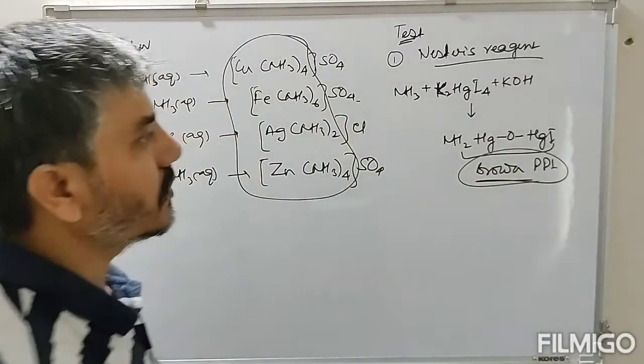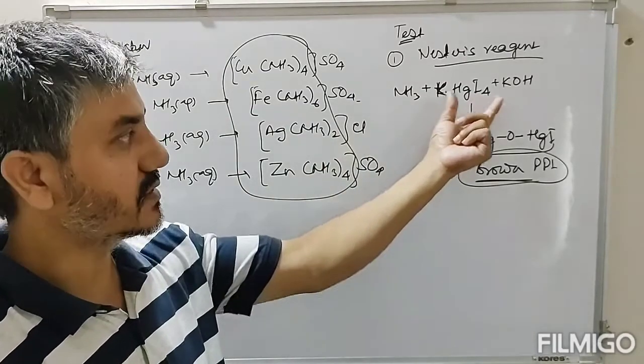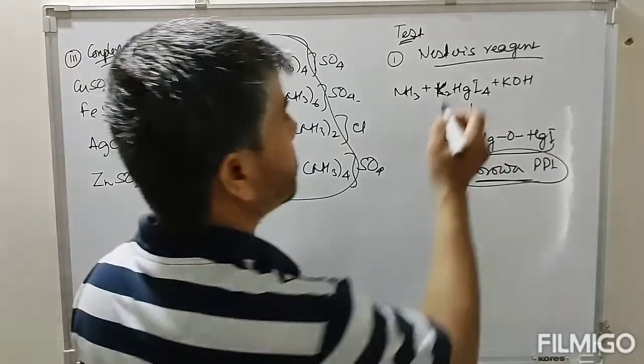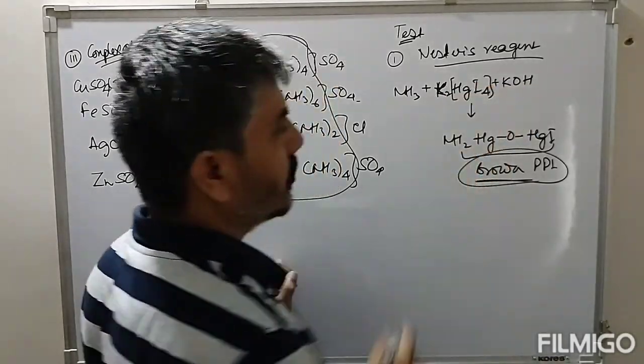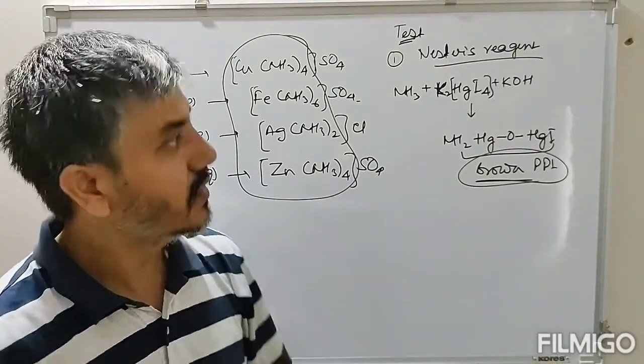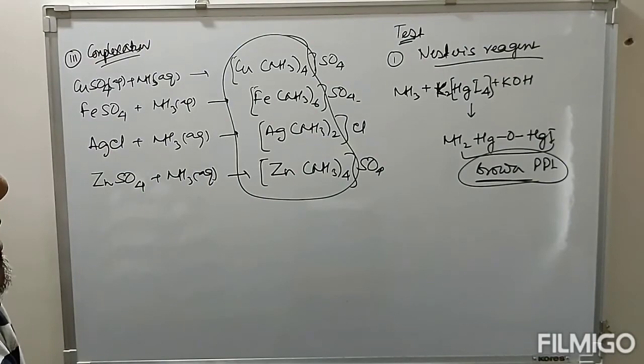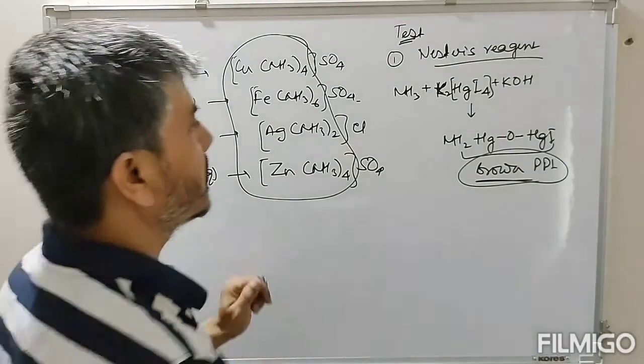When ammonia reacts with Nessler's reagent it gives a brown precipitate with this composition, so this is the confirmatory test for ammonia.